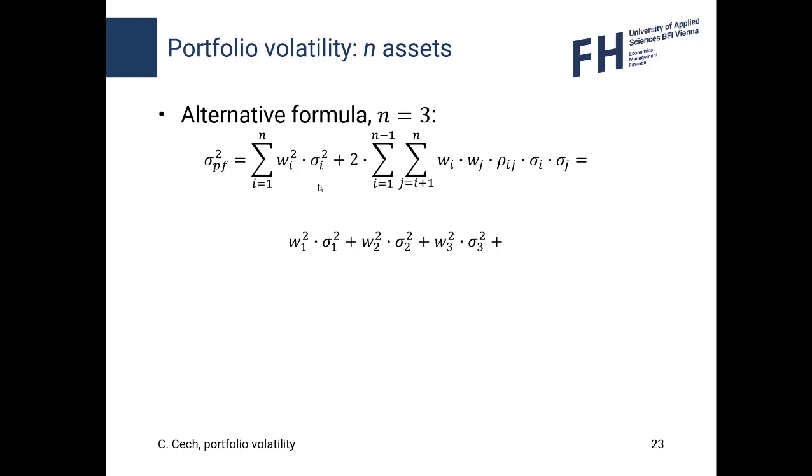For every constituent we calculate wi squared times sigma I squared. It's a simple standard sum sign here, so that's the same like before. The second term here differs somewhat from the formula I presented to you before, and you will realize that here we do not have any condition anymore.